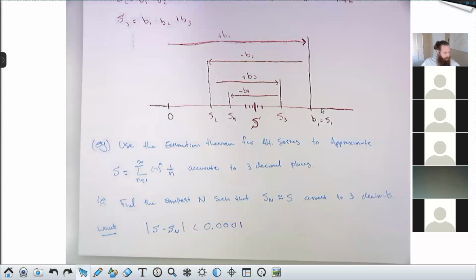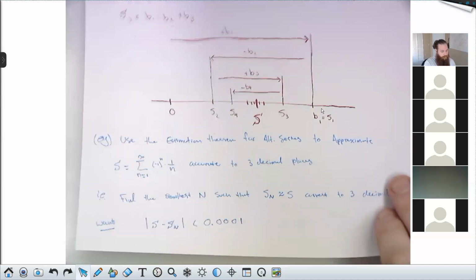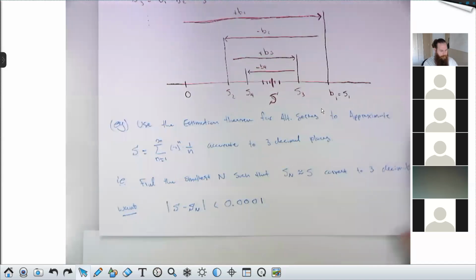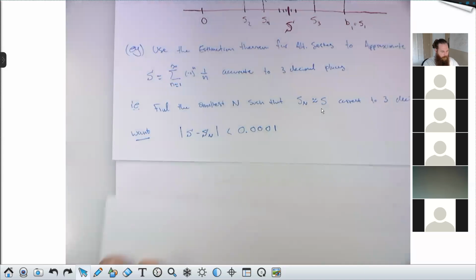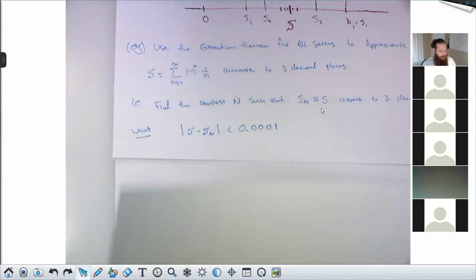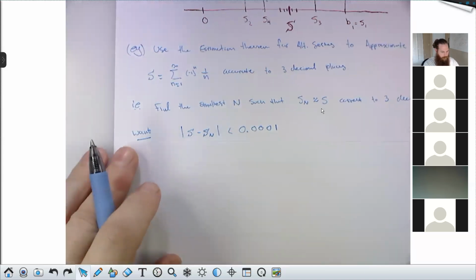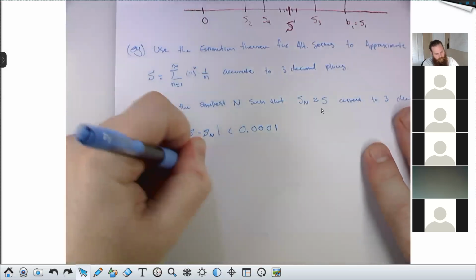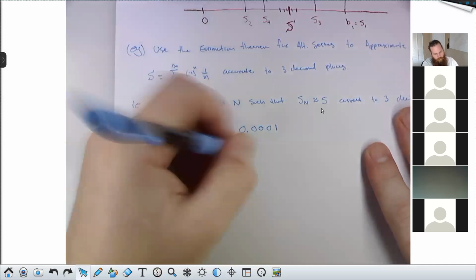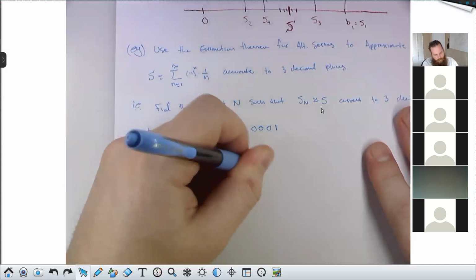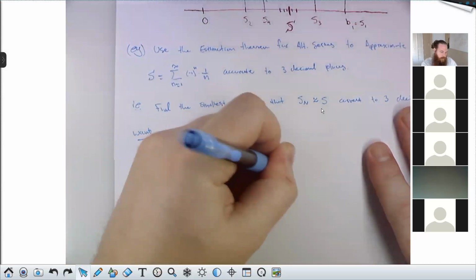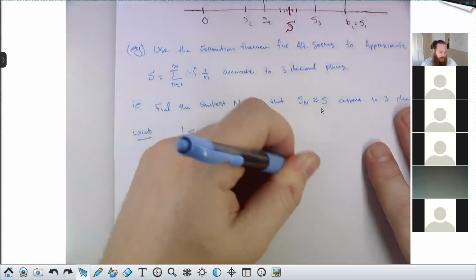Okay. So how do I do this? Well, I know by the theorem S minus Sn in absolute value is less than or equal to B sub n plus 1.